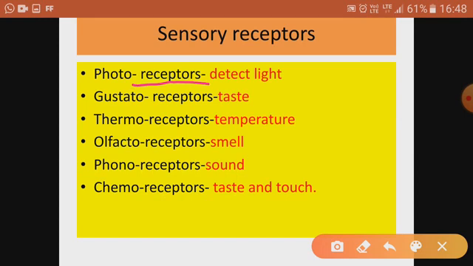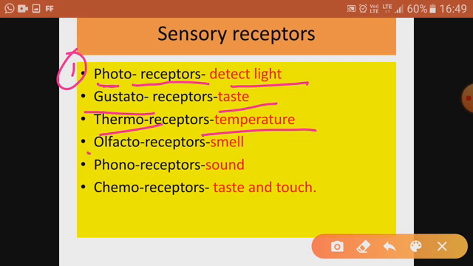The first receptor is the photoreceptor to detect light. Some receptors are gustatoreceptors which detect taste. Some are thermoreceptors to detect temperature. Then we have olfactory receptors which are present in the nose to detect smell.